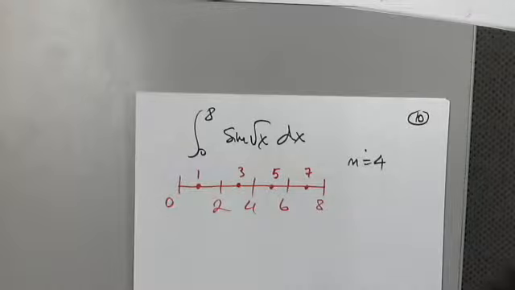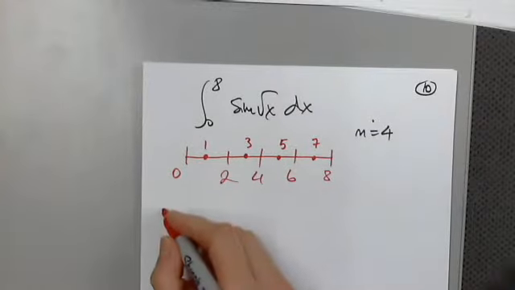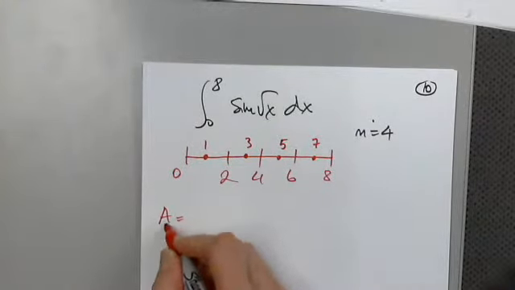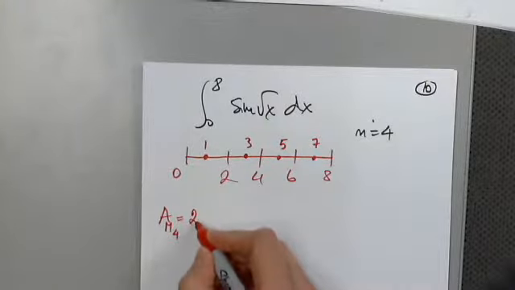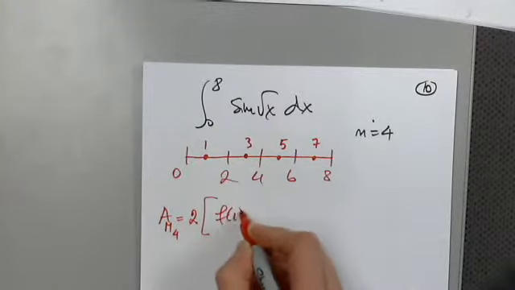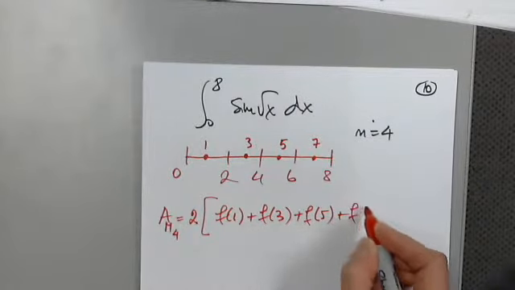And the width of the interval is? Yes, b minus a divided by 4. So 8 divided by 4 is 2. So the area with M4 is 2 multiplied by f of 1 plus f of 3 plus f of 5 plus f of 7.